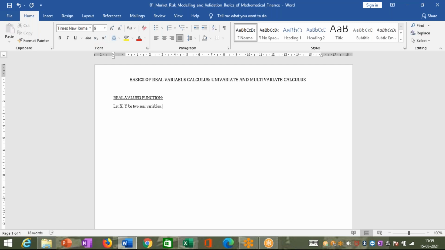It should not be an imaginary number. The root of minus 1 is called an imaginary number, and such numbers are not considered. Here, we are considering all numbers from minus infinity to plus infinity. These are real variables.